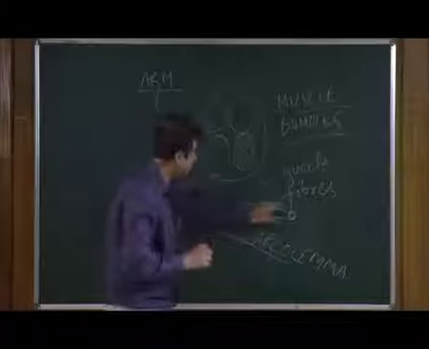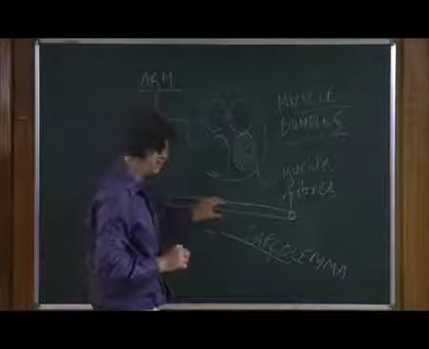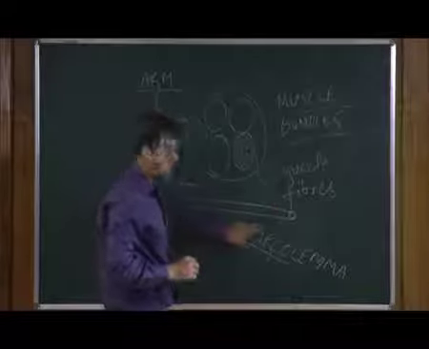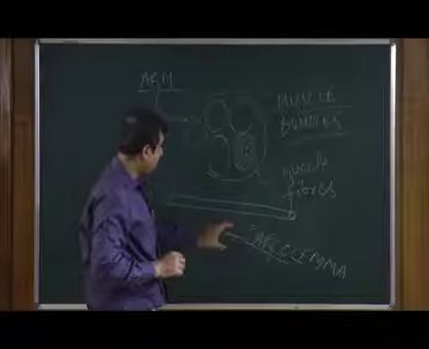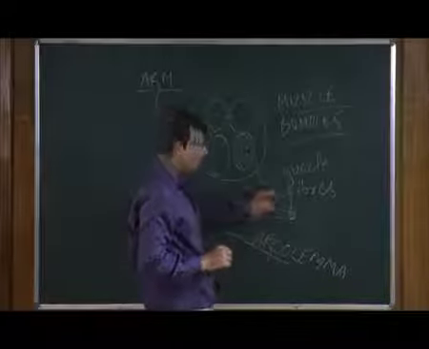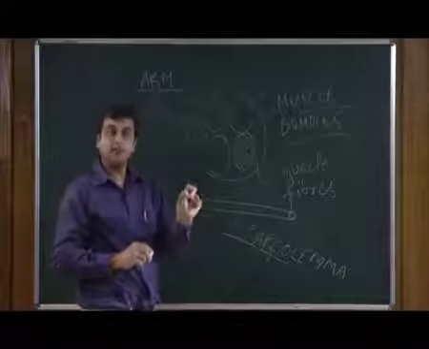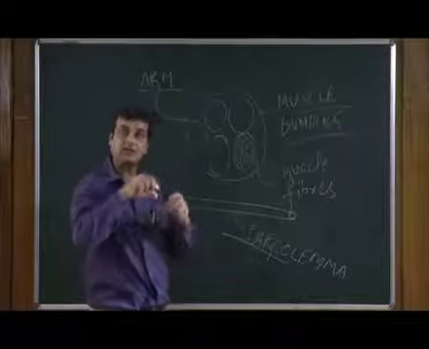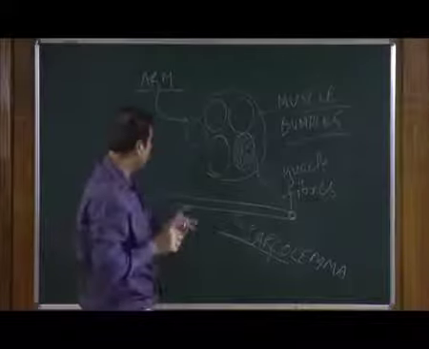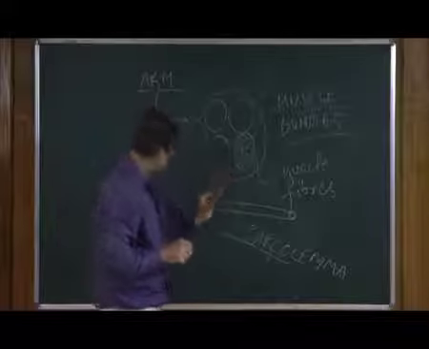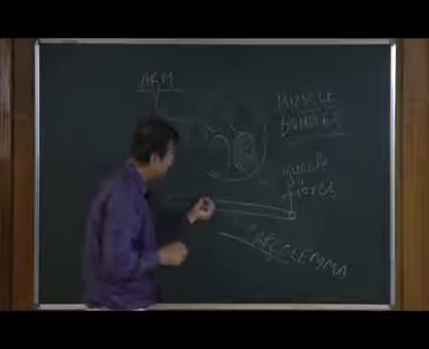So the outer surface membrane, the covering of this muscle fiber, is what we call the sarcolemma. Now, this sarcolemma is very similar to the outer covering of the human cell, which we call the cell membrane.